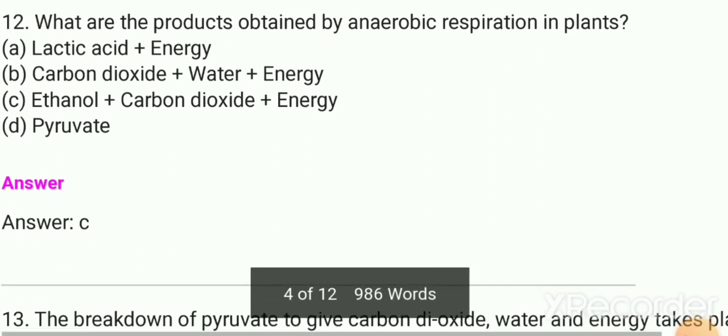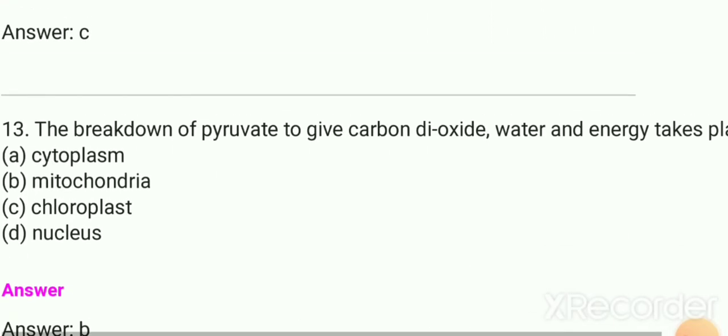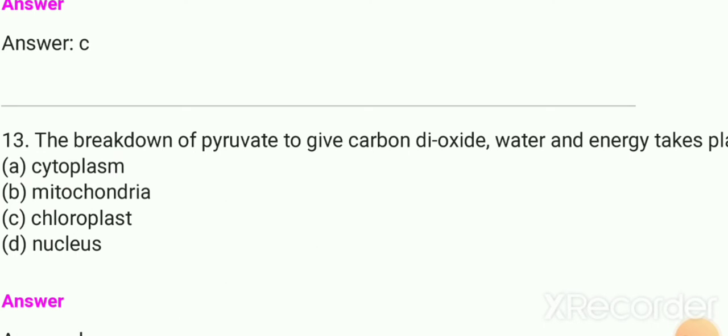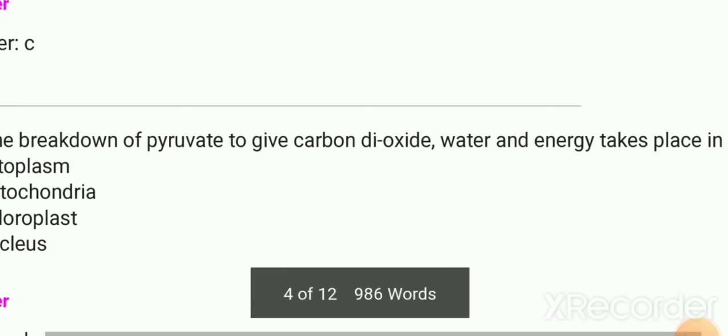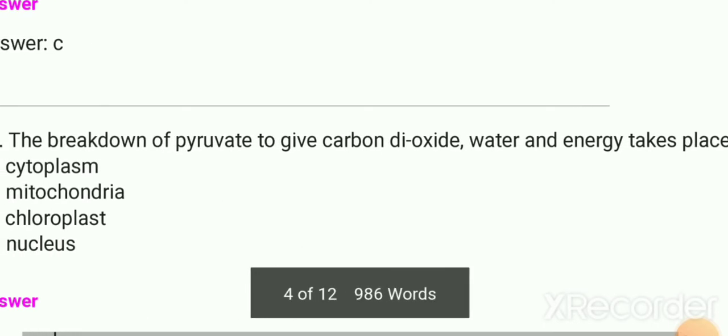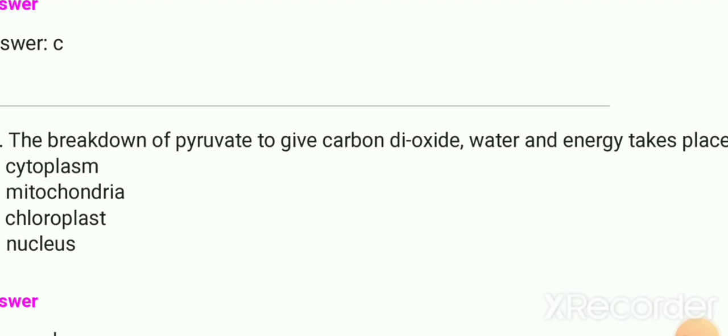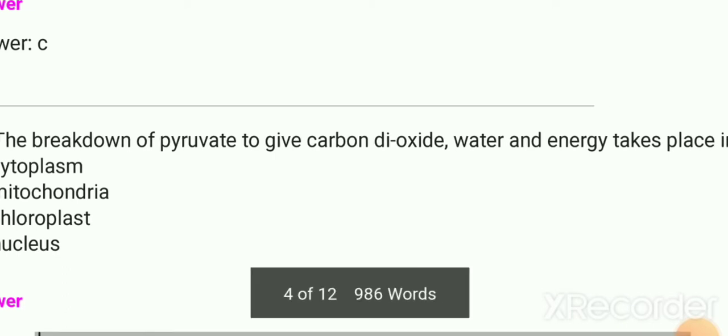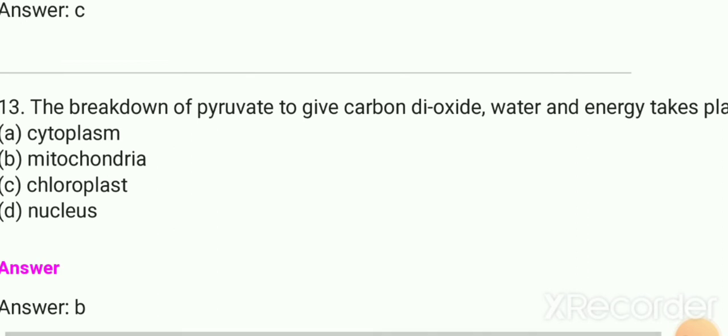Next, question number 13. The breakdown of pyruvate to give carbon dioxide, water, and energy takes place in which part? Cytoplasm, mitochondria, chloroplast, or nucleus. Read the question again: the breakdown of pyruvate to give carbon dioxide, water and energy takes place in the mitochondria.